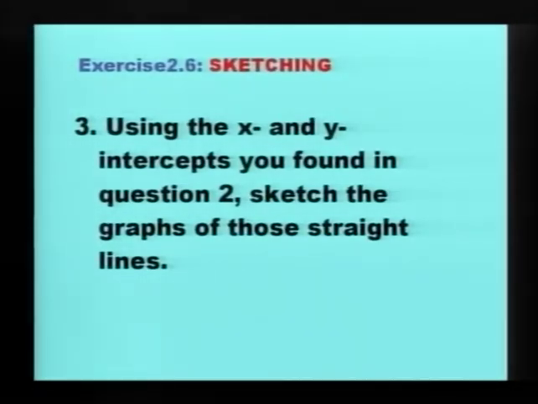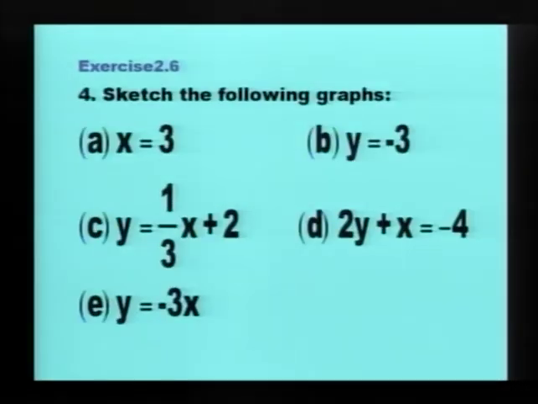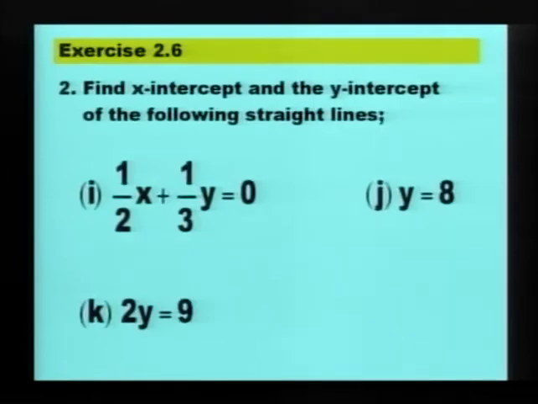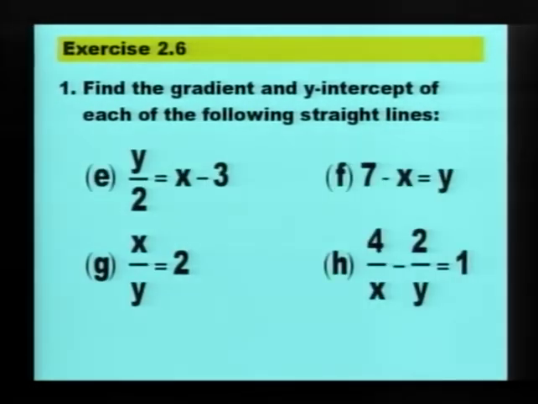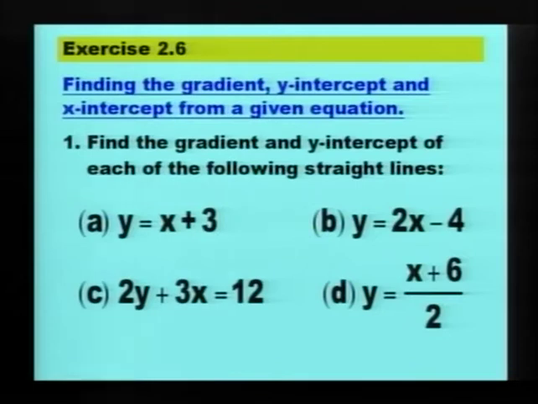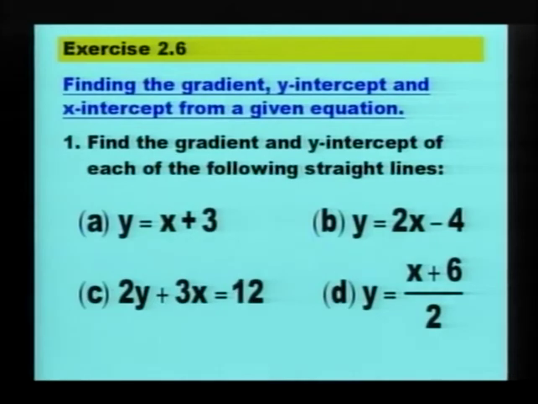You will now sketch after you find the x and y-intercept, and you also do number 4, all the questions. Okay, number 1, exercise 2.6. If you finish number 1, we look at the answers before you go on.